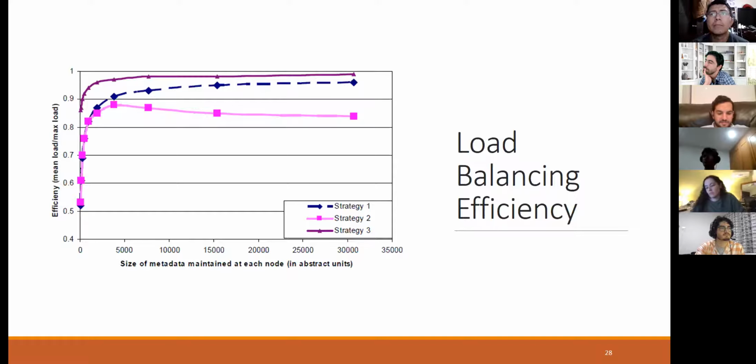And even though there is a disadvantage of using this strategy, which is that coordination is required in order to preserve the properties. So we can go to the next slide.